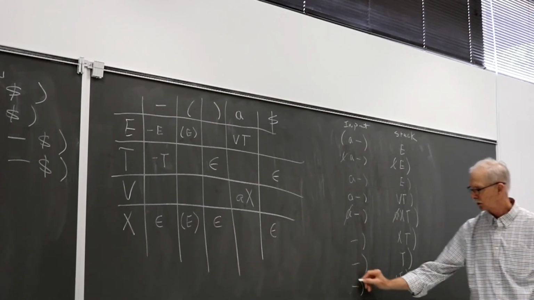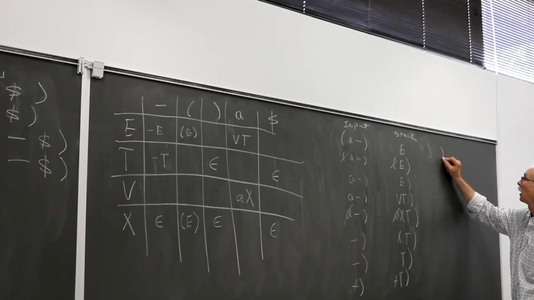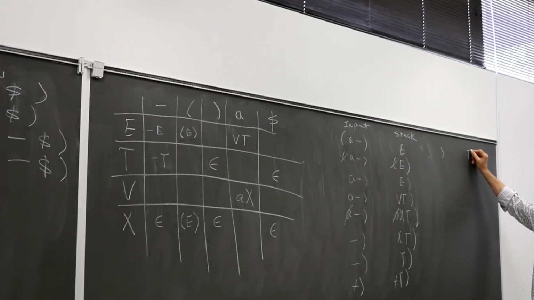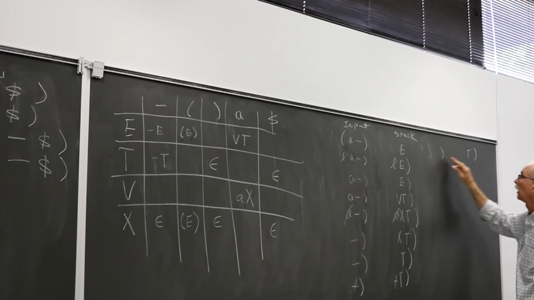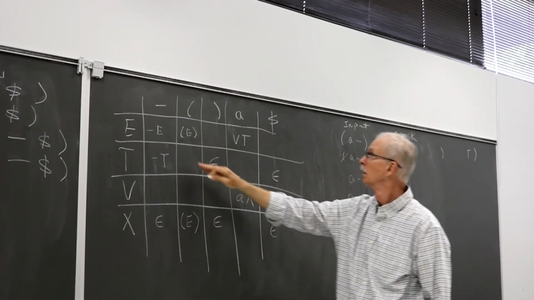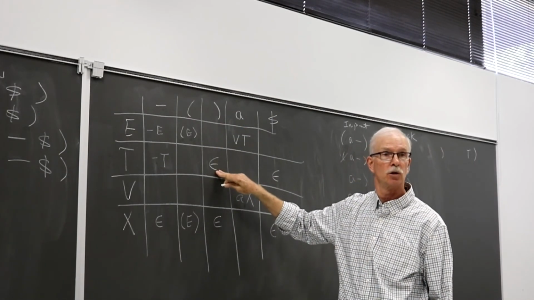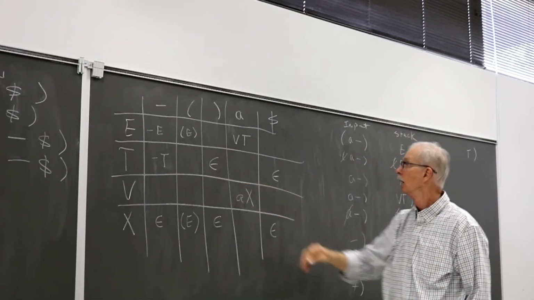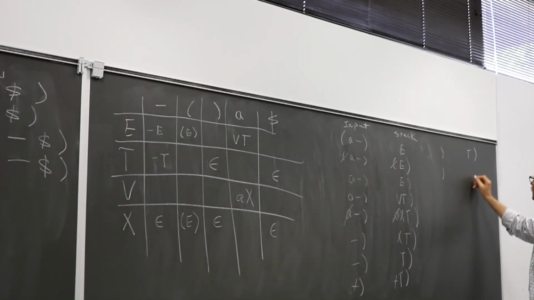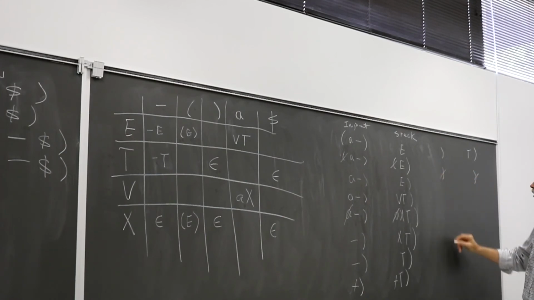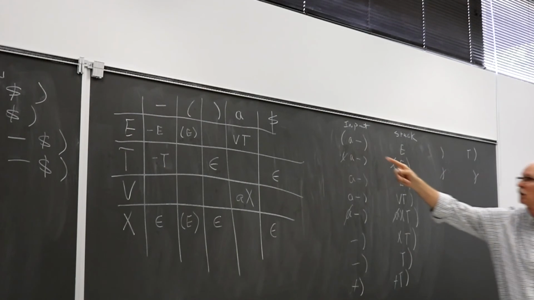The minuses accept, so I've got paren, T paren, and so I look up T right paren, and it says the T goes away. And so I get right paren, they match. Ron wanted me to put a dollar up here.